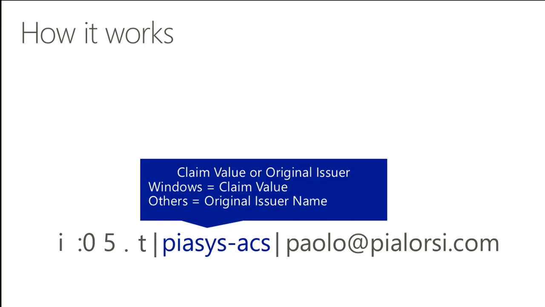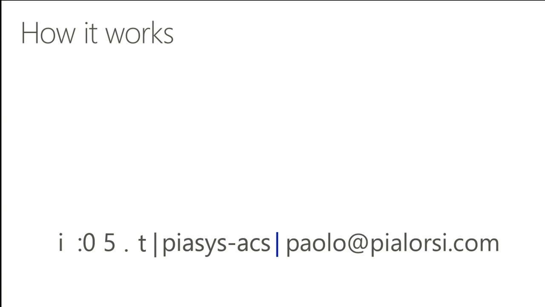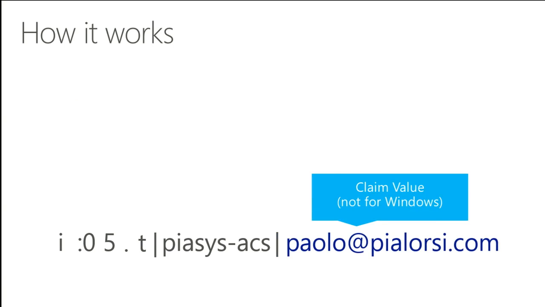Otherwise, if we have a claim issued by any issuer other than Windows, we will have the name of the original issuer of the claim, followed by a separator and the real value. Okay? So that strange string has a great meaning under the covers. Now you know.